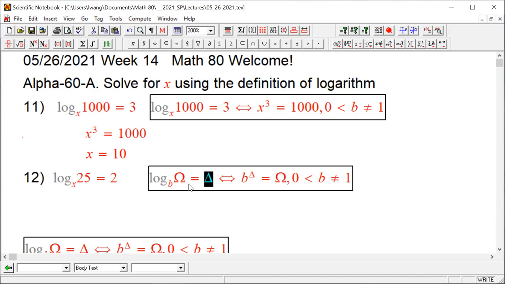So I want you guys to try number 12. I'm not gonna watch you, so please try number 12. Okay, similar. Take your time. Identify the base, identify the omega, identify the triangle, and on both sides to see what you get. And the base we're getting has to be larger than 0, not equals to 1.